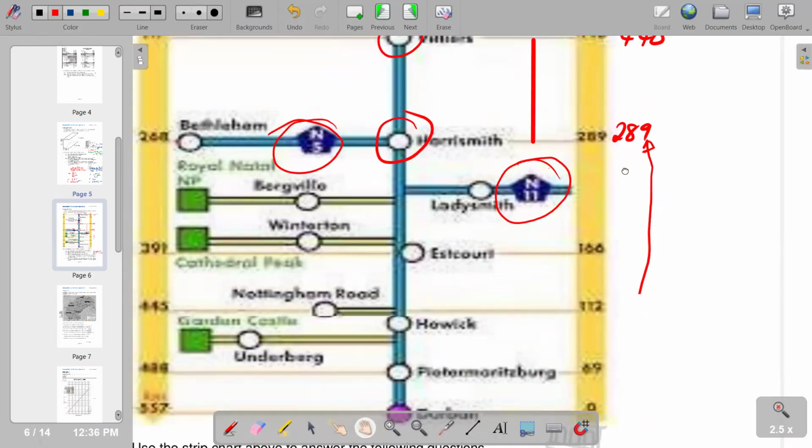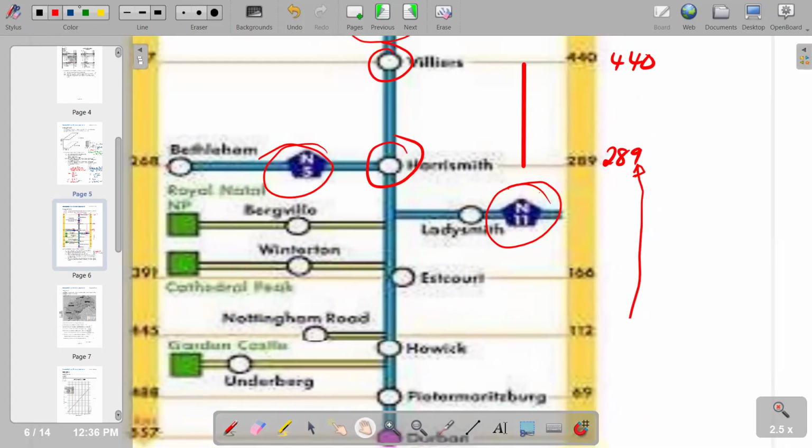So to get this one, we are going to subtract 289 from 440. See what we get there. And then we get 151 kilometers. So that's the calculation that we have on that part.